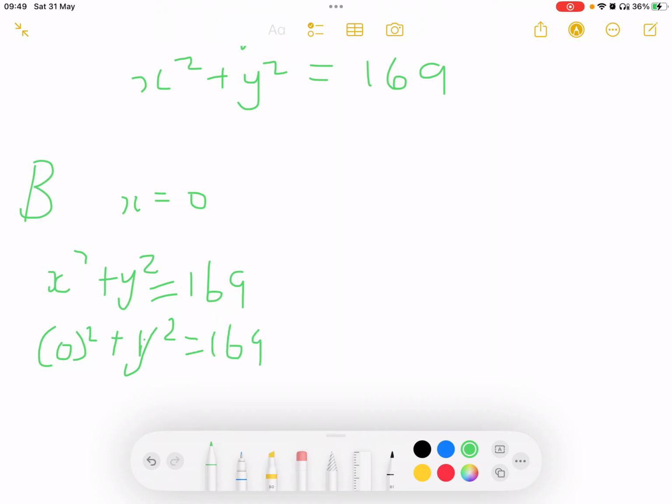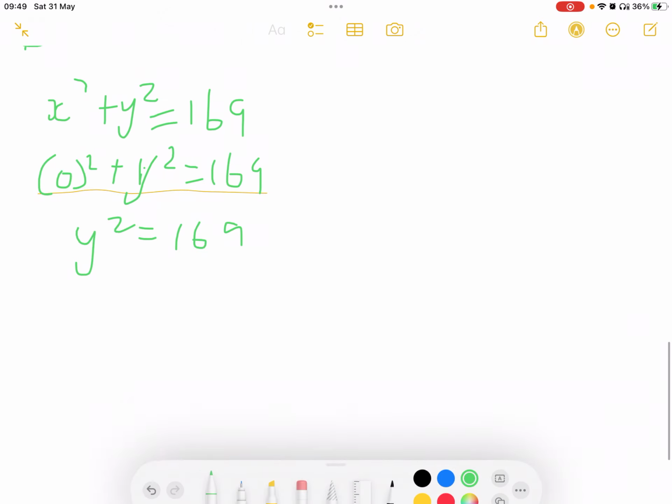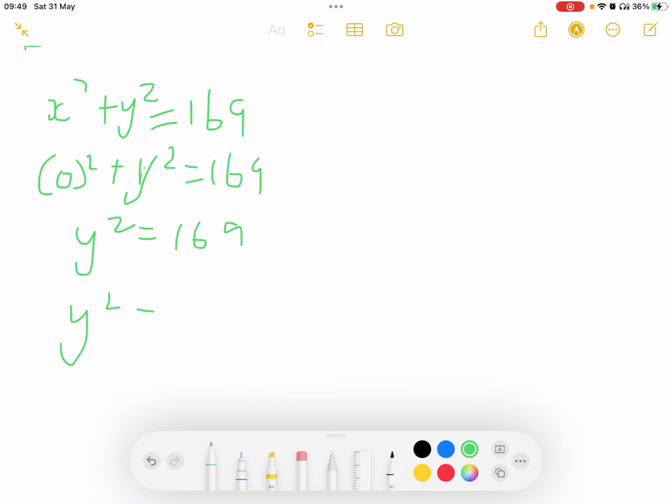That's y squared equals 169. I like to rewrite this before doing the square root to ensure that I have written my plus or minus sign, instead of doing everything at once. Right.